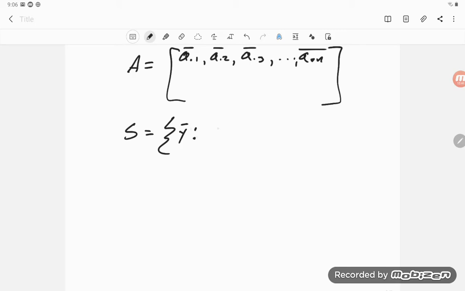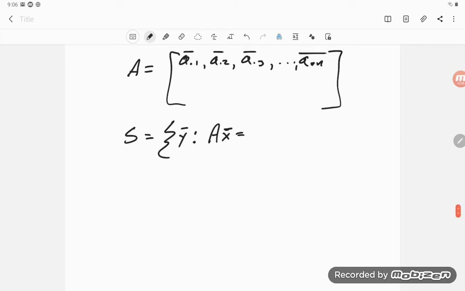A set of Y such that I could get Y by taking A times some X equals Y. In other words, any Y's for which I could find a solution to this.